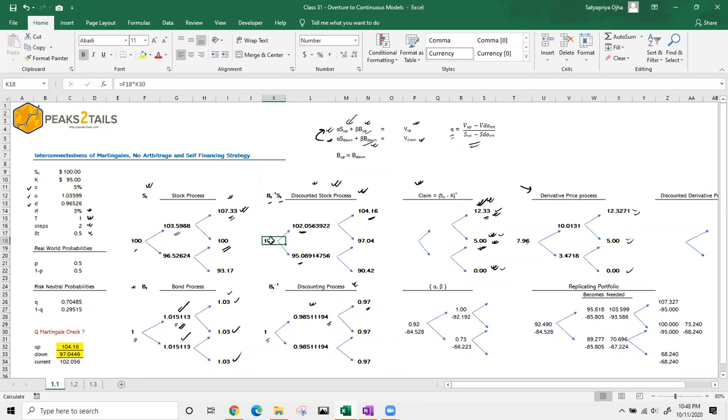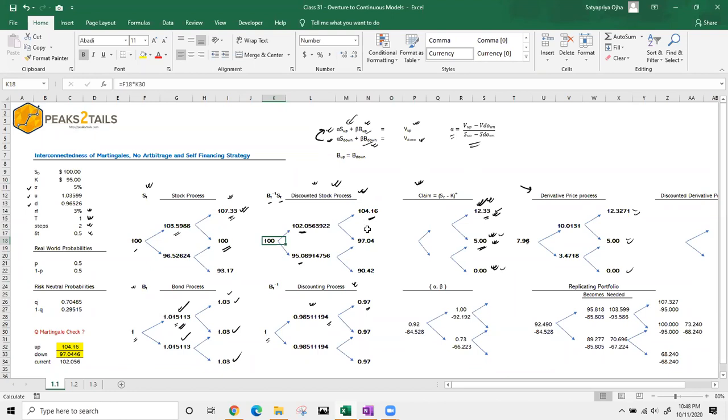Standing today, the stock price is 100, which is also the discounted stock price today, because there is no discounting factor today. Discounting factor today is 1. So 100 is the stock price, and 100 is also the discounted stock price today. I'm looking at the discounted stock price. It is 100, and I know that it is a martingale.